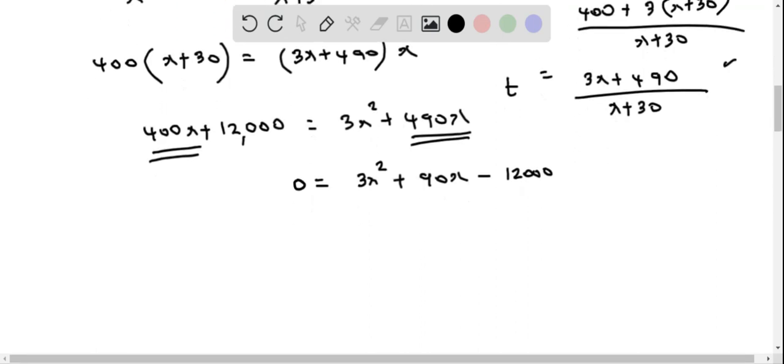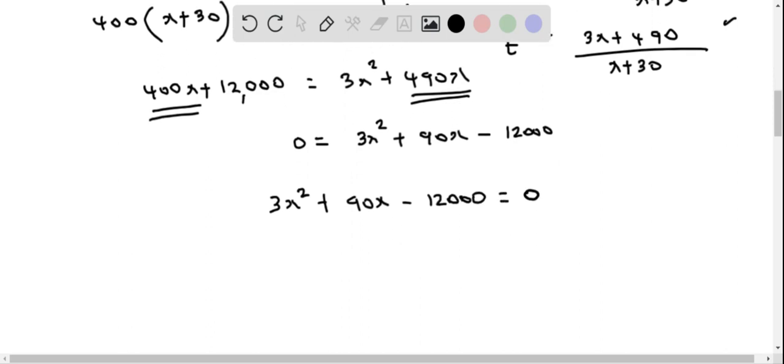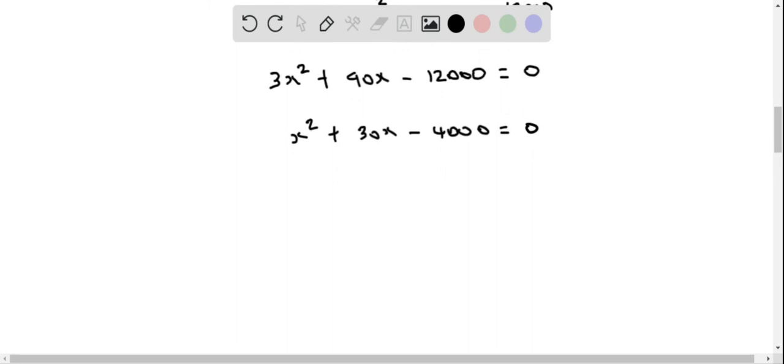We can solve this quadratic equation. So let me rewrite this as 3x squared plus 90x minus 12,000 equal to 0. I see that I have a common factor of 3, so I can divide the left side expression by 3. When I divide all the terms by 3, I get x squared plus 30x minus 4,000 equal to 0. So here we can use the quadratic formula to solve for x.